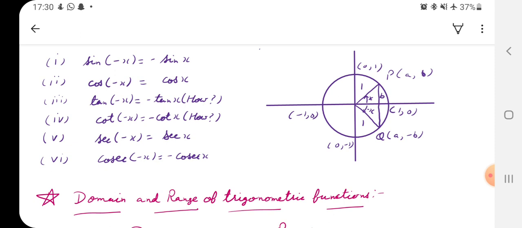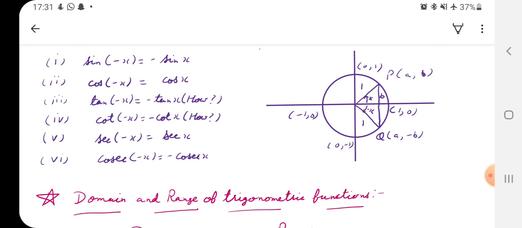You can see here, if I draw a triangle in a unit circle, a circle of radius 1, which is making an angle of x with the positive direction of x-axis in the anti-clockwise sense. Now I will take the point P which intersects the circle, and the line joining the origin to P, which is the hypotenuse.